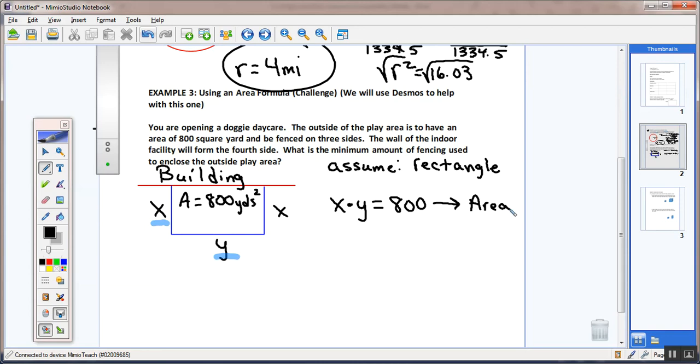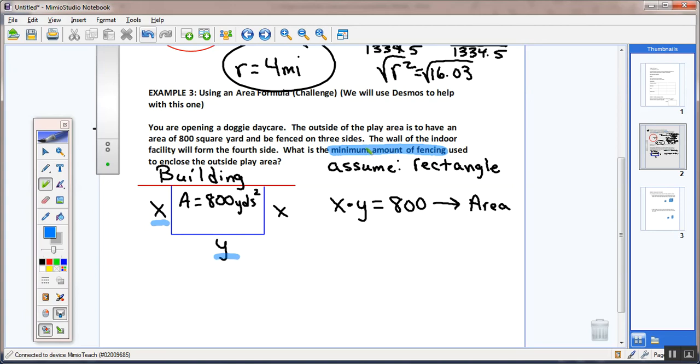I know that that length y and that width x have to multiply to 800. Do you agree with that, number one? Give me some sort of sign you're with me right now. Okay, all agreed? Okay. Secondly, this is the part that's difficult. We want to find a minimum amount of what?